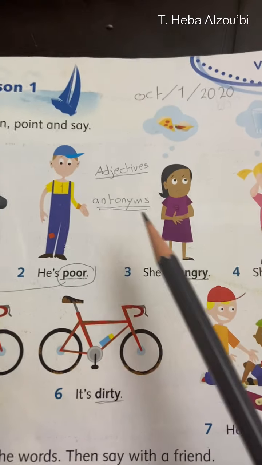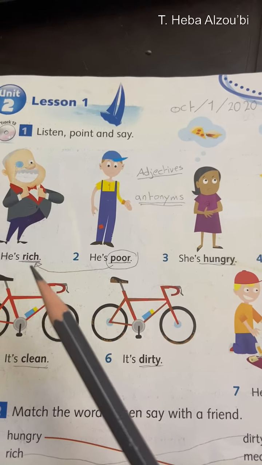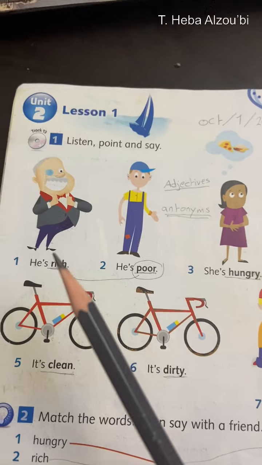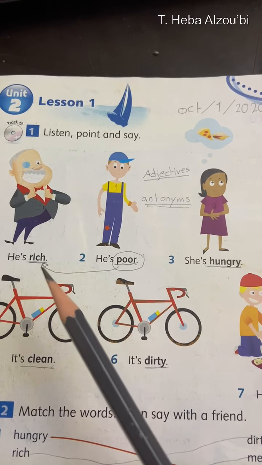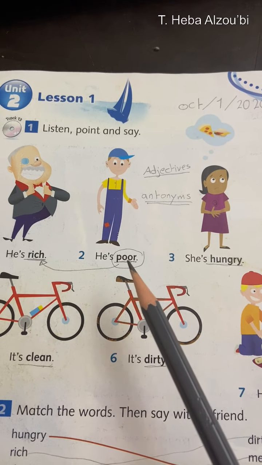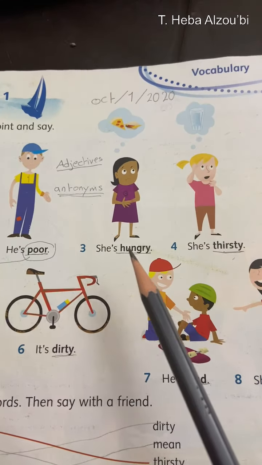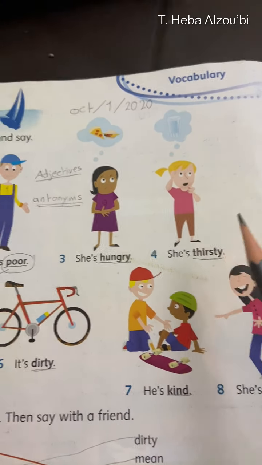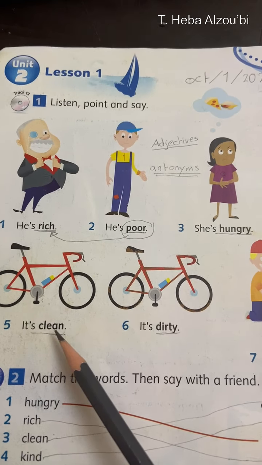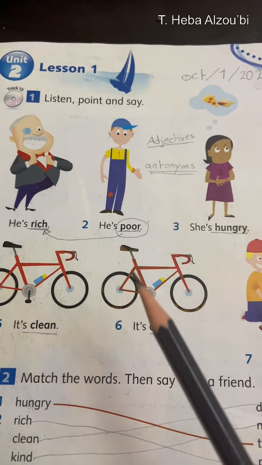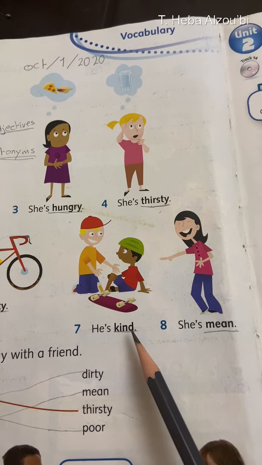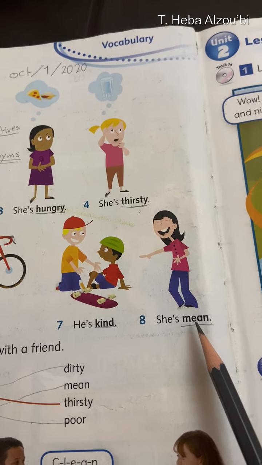They are antonyms. This word is the opposite of the next one. So, rich, the opposite adjective is poor. Hungry, the opposite of hungry is thirsty. The opposite of clean is dirty. The opposite of kind is mean.